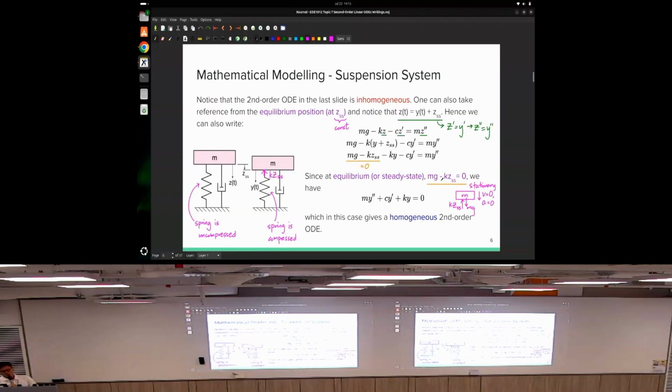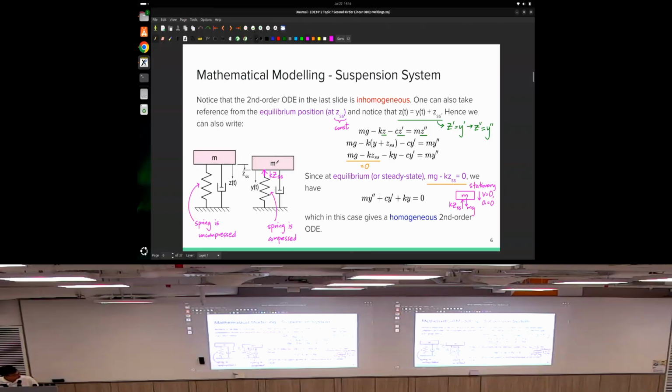So one way to make the system homogeneous is by taking the reference of vibration from the equilibrium state. This is something that we have gone through last week already. Do not take reference from a state where the spring is uncompressed. Take reference from the state y of t here, whereby at this height of the mass, the spring has already been partially compressed due to the weight of the mass, due to the weight of the vehicular chassis, for example.